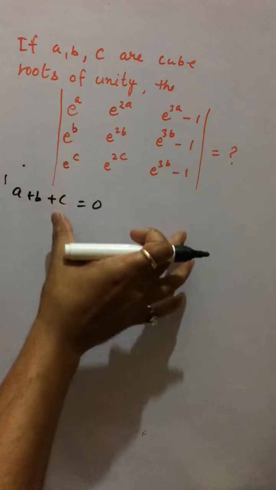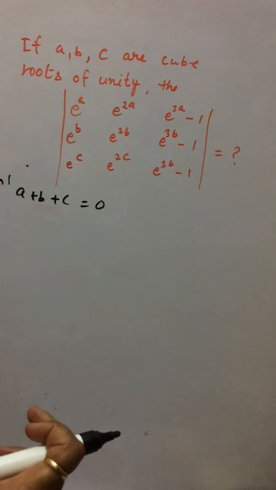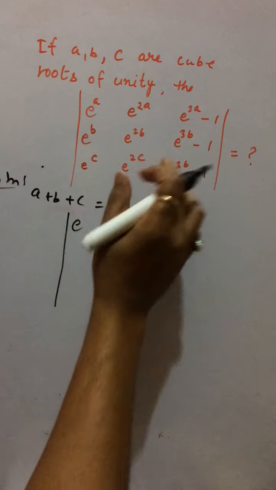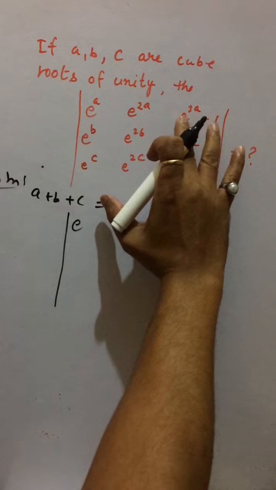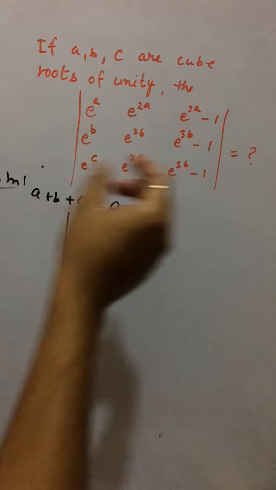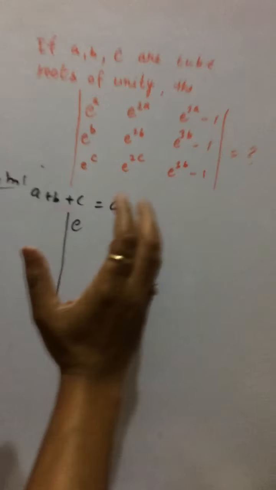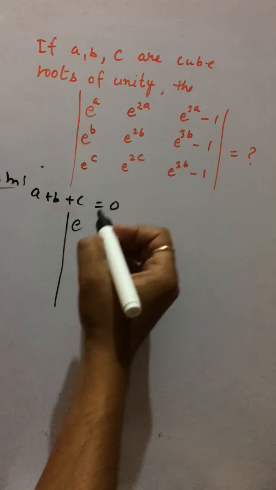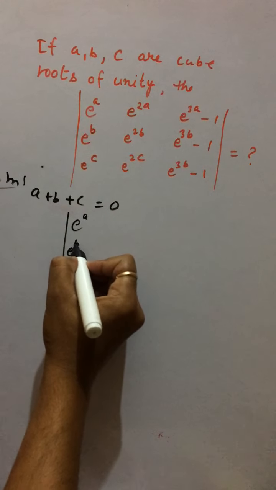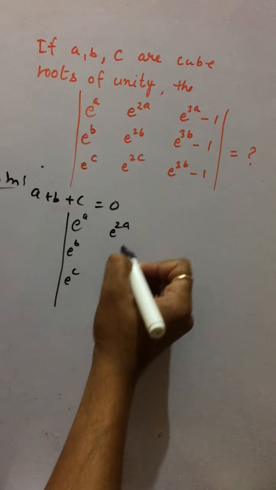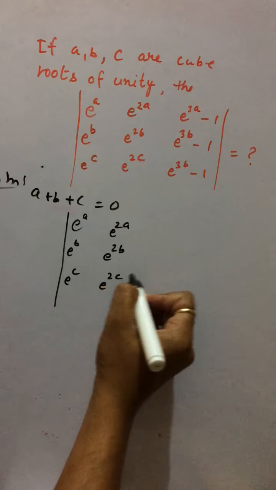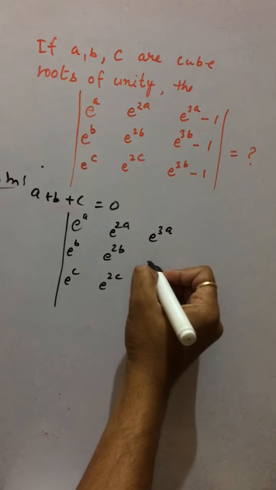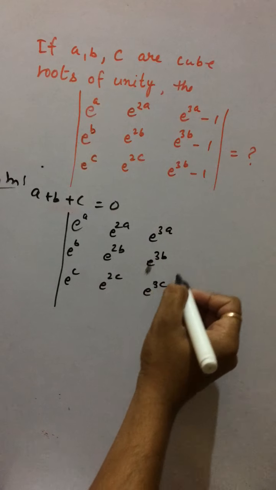What next? You have to focus on this determinant. Since we see that in the third column there is a sum of two terms, we can separate it out as the sum of two different determinants like this: e raised to power a, e raised to power b, e raised to power c; e raised to power 2a, e raised to power 2b, e raised to power 2c; and e raised to power 3a, e raised to power 3b, e raised to power 3c.